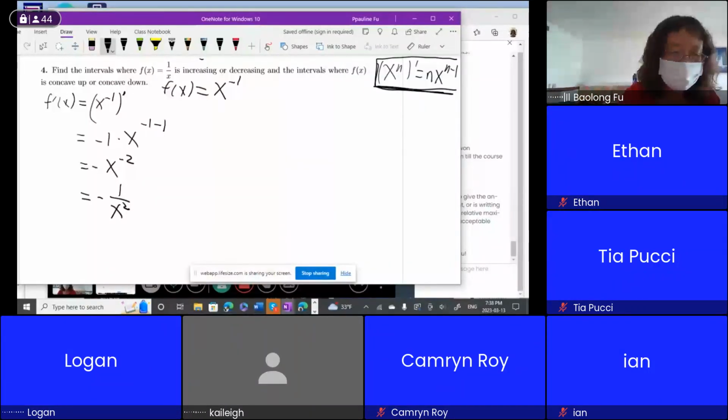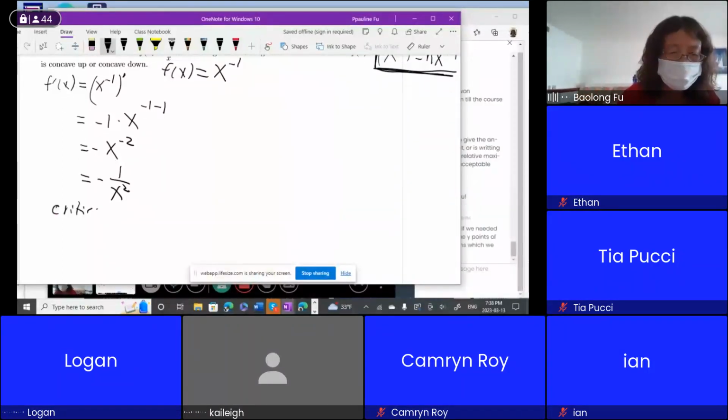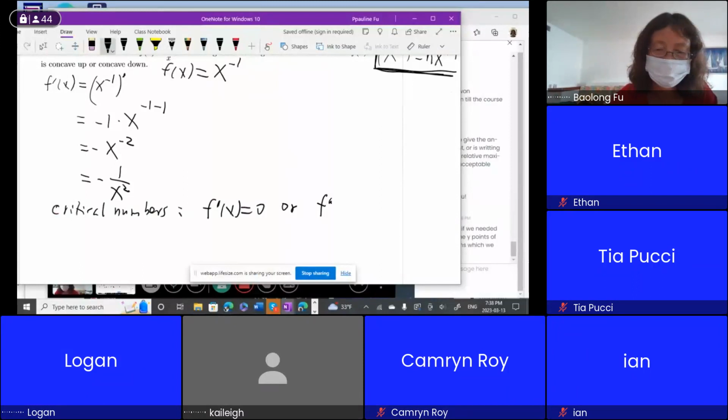Find the critical numbers. What is a critical number? Critical numbers are those numbers where the first derivative equals 0 or the first derivative does not exist.